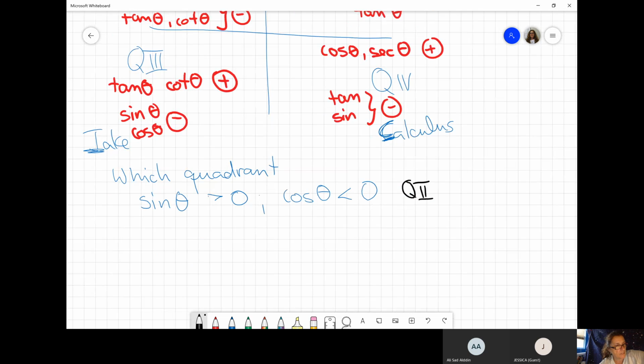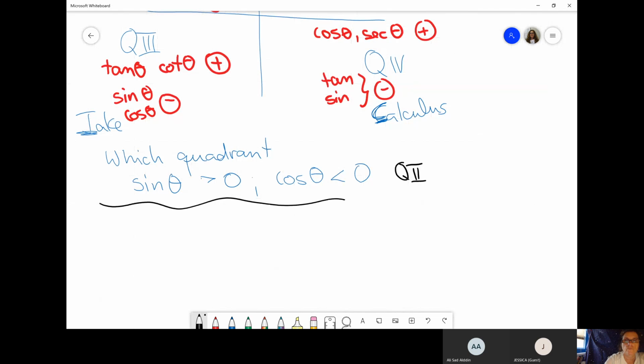Let's try another one. The secant of theta is greater than 0, and the cotangent is less than 0. Which quadrant am I in? Jessica, are you the only one?